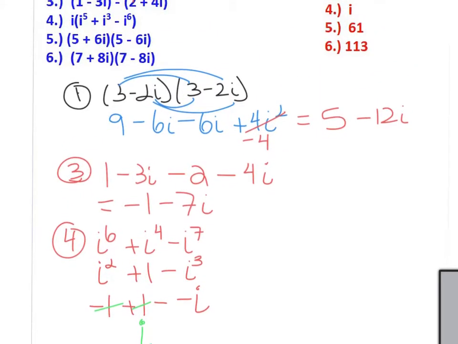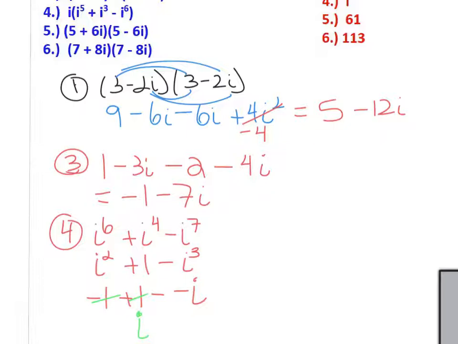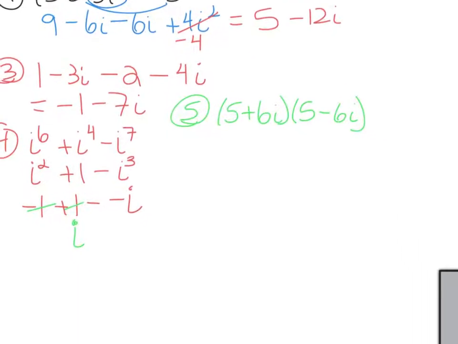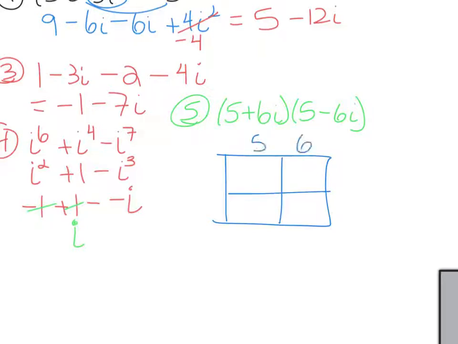For 5 and 6, we have complex conjugates that we're going to multiply. So let me write out my work here. I'll box method this one in case you want to see if you want to be a boxer. So we have 5 and 6i, 5 and -6i.